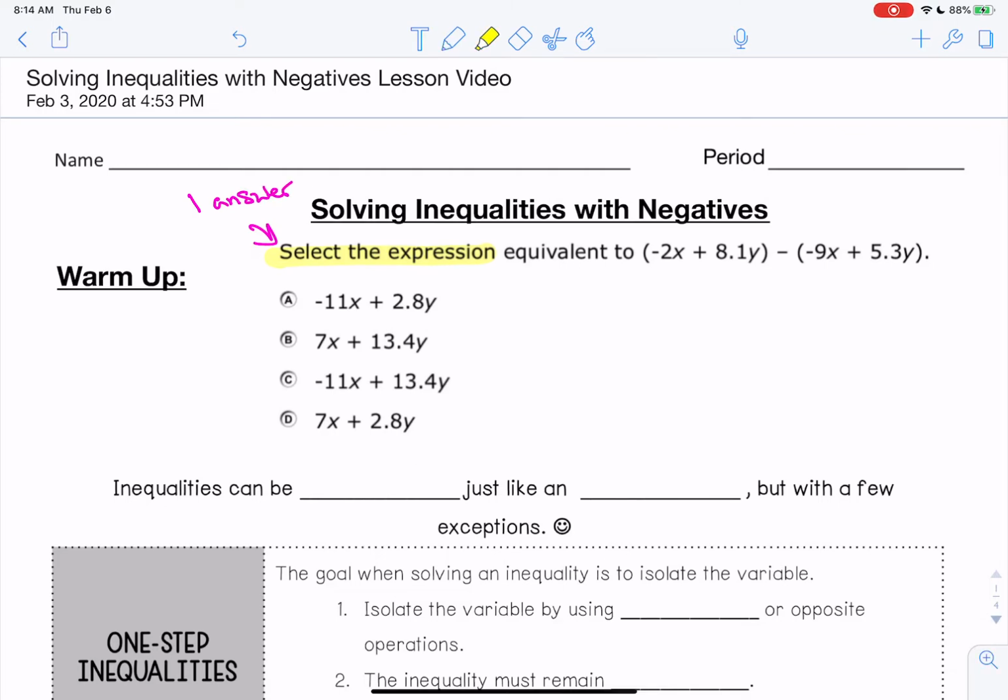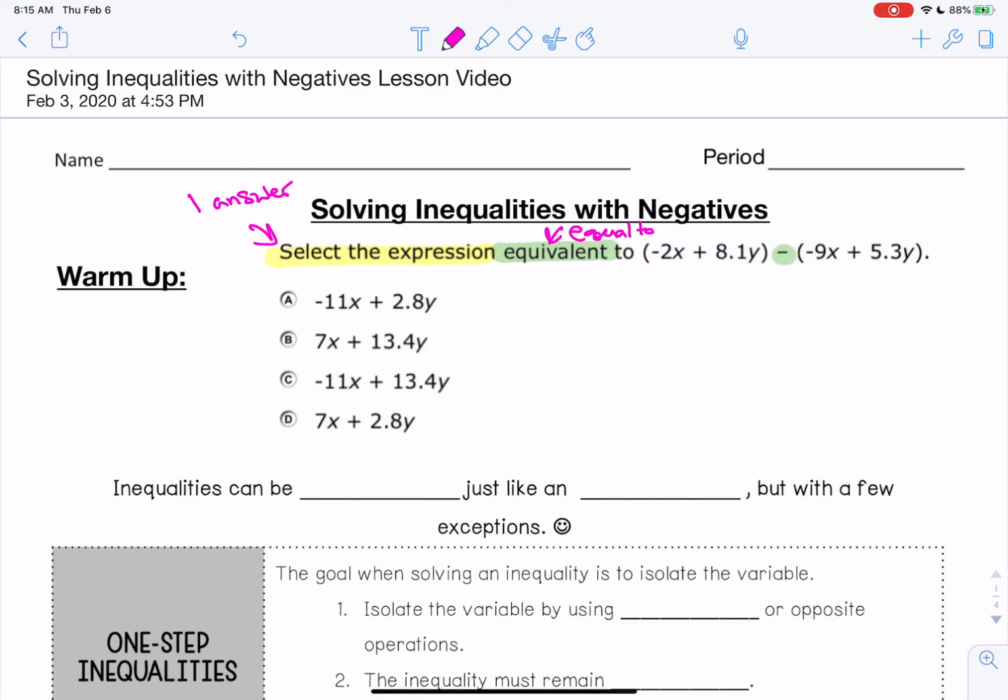Now, we also need to remember that equivalent means equal to. So this question is saying select one of these that is equal to the negative 2x plus 8.1y minus negative 9x plus 5.3y. The other thing we need to remember is what do we actually do when we're subtracting?